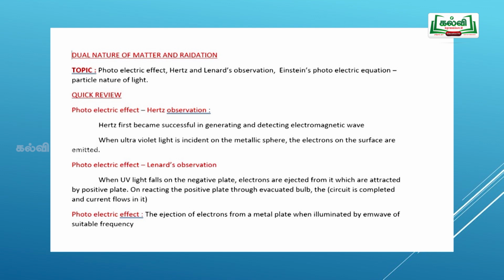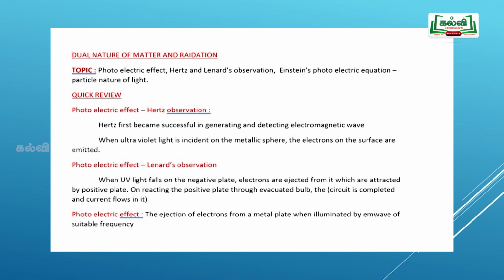Photoelectric effect, Hertz and Lenard's observation, Einstein's photoelectric equation, particle nature of light. Let us have a quick review of the concepts of this topic. Photoelectric effect, Hertz's observation: Hertz first became successful in generating and detecting electromagnetic waves.